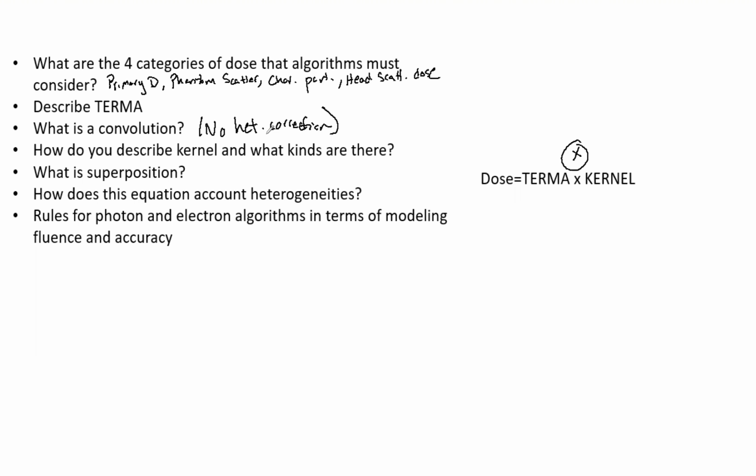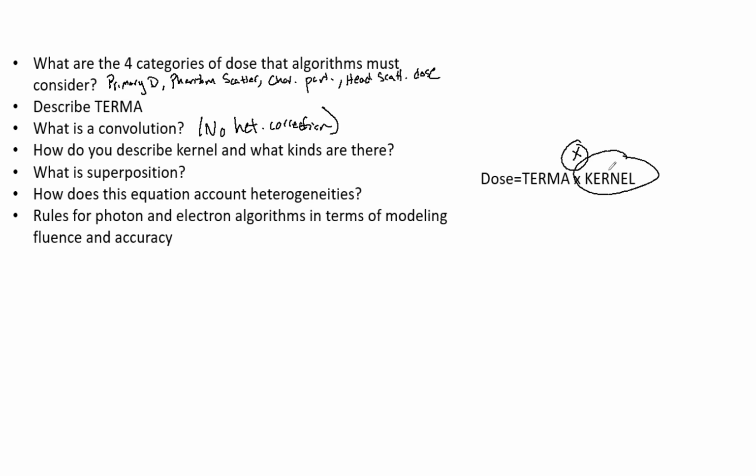However, when you use superposition, it uses the density to scale the kernel, and that allows us to consider patients and phantoms individually. It makes it patient dependent, and it also makes it dependent on where that beam interacts within a phantom. So it's spatially dependent, it's patient dependent, and you have a heterogeneity correction that's going to make it much more accurate, and that is what we use in our clinic. So we do superposition convolution in our clinic for our dose algorithms.